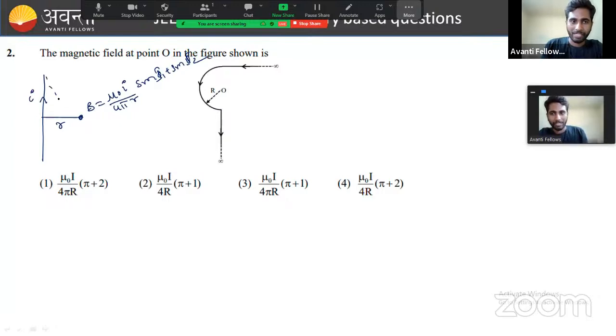If it makes angle phi 1, then this is angle phi 2, like this.